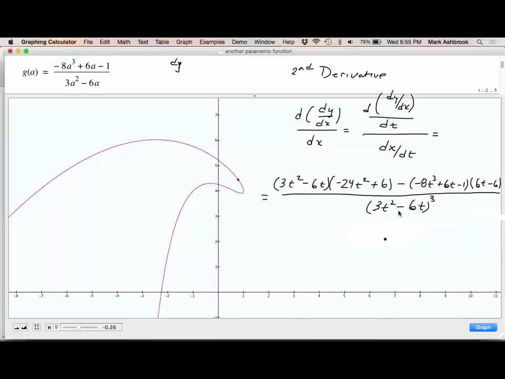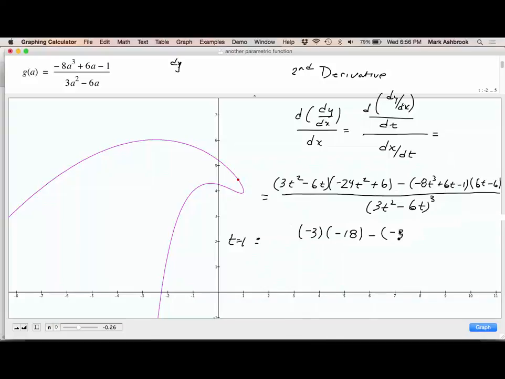Okay, and so then if we were to put a number into this, let's make it as easy as we can. t equals 1. So let's put t equals 1 into that. And what are we going to get? We'll get -3 times negative 18 minus negative 8 and 5.